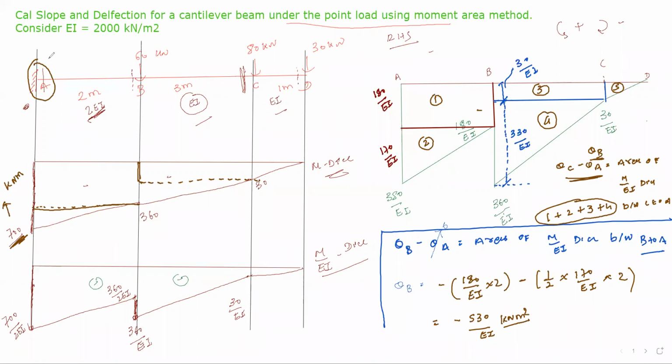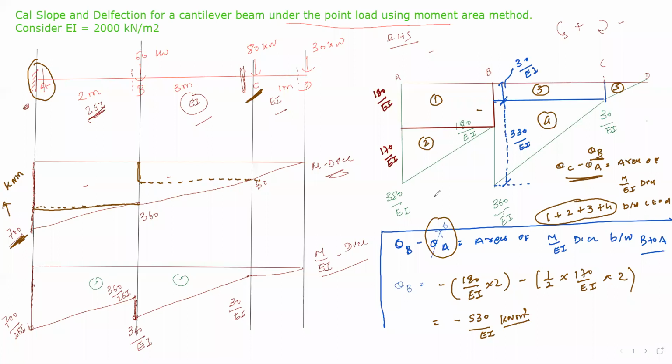Is it clear or not? Suppose I find the slope at point D, you could write theta D minus theta C. But in that case, the slope at point C is required; only if it is known will you get it, otherwise you cannot calculate. So that's the reason we will consider slope at point A only, and slope at point A is 0. Is it clear or not?